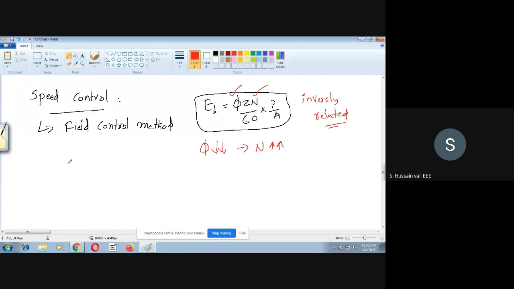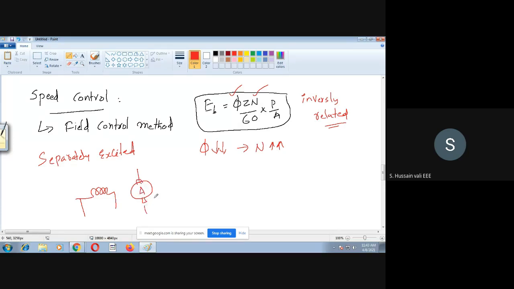To reduce the flux here, for example, let me take a separately excited motor. Once again, a separately excited motor is there. What do you find in the separately excited motor? I told you already, the field and the armature. So this is the field, and this is the armature.